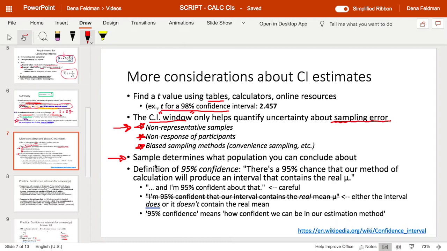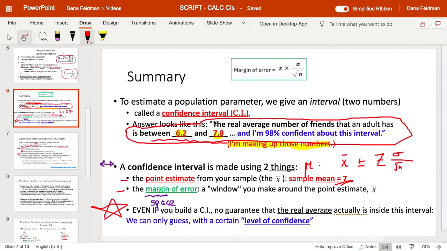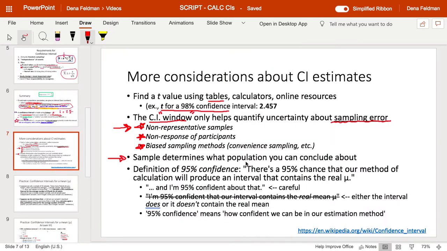If I were trying to find a confidence interval estimate for all adults, then I should be taking a random sample that comes from all adults in the world randomly somehow. If I only take a sample of Americans or Boston adults, for example, then I couldn't make conclusions about all adults. I could only make conclusions about Boston adults.